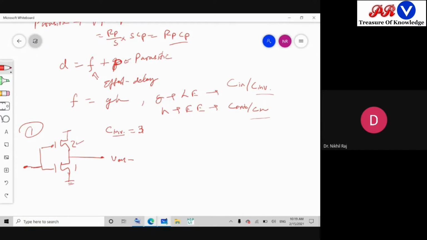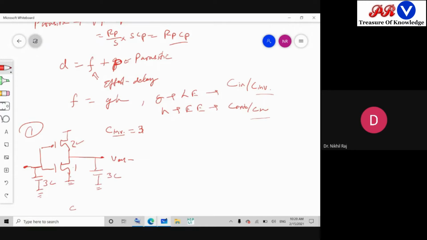So what is the input capacitance? If C is the unit of capacitance we are taking, the total capacitance seen by this will be this CGS and this CGS, both will come in parallel. Parallel means it will add up. So here we'll get 3C, and the output also will be the sum of 2 plus 1, that is 3C.